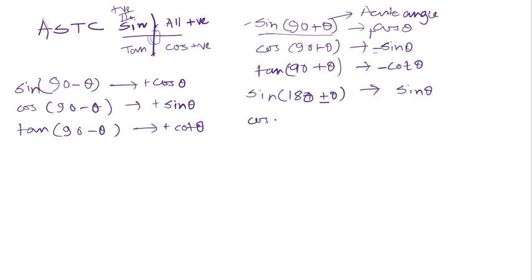Same, cos 180 plus theta will be cos theta, or 180 minus theta is cos theta. We are not talking about the sign now, whether positive or negative; we will talk about that later. Tan 180 plus theta is nothing but tan theta, it remains.